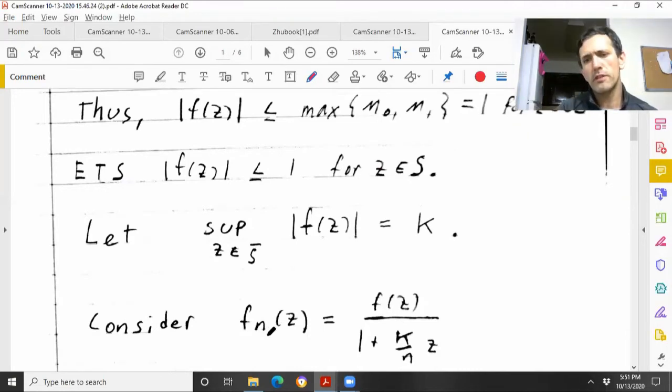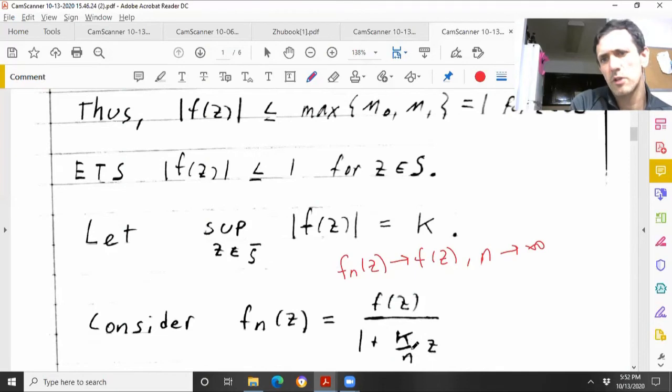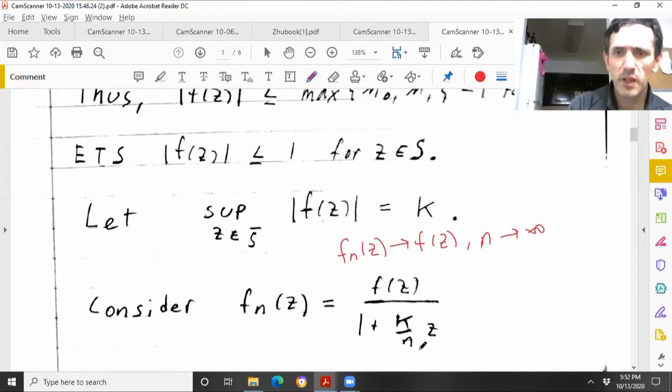It's cleverly defined, but we'll see why it's a good choice in a moment. Fn of z is F of z over 1 plus K over n times z. So for fixed z, as n goes to infinity, it's fairly obvious that Fn goes to F, because this whole term just goes to 0. So it's F of z over 1 as n goes to infinity.